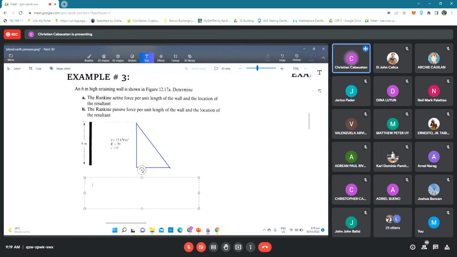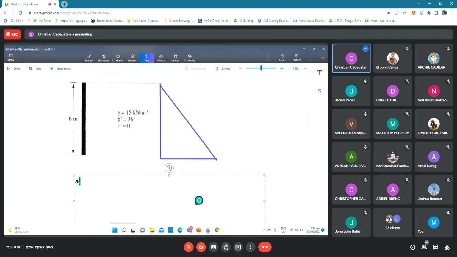So, for letter A, the Rankine active pressure.